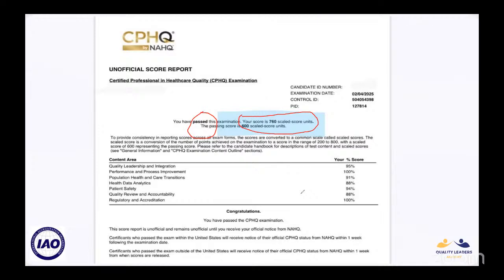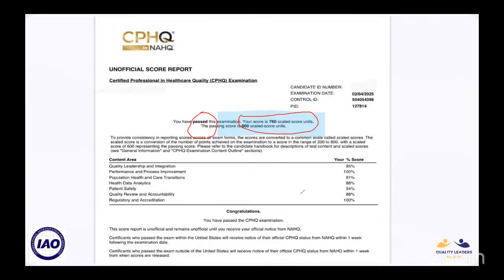But the important thing to remember is that 600 is the passing mark regardless of which version of the exam you got. Whether it was easier or harder, 600 is the universal standard for competency, because the scaling is applied.